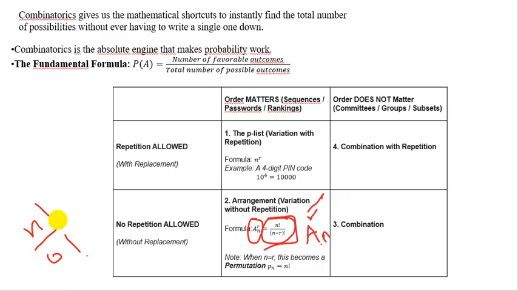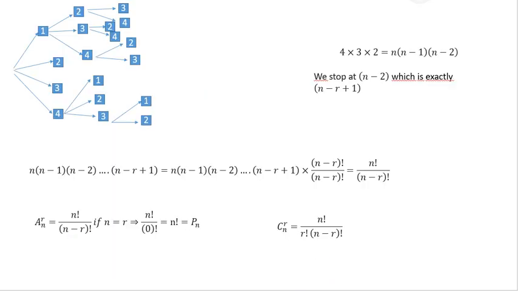We know that the 0 factorial is 1, so in the end we get what we call the permutation. So a special case of arrangement when n equals r is called permutation, and the notation is like this: Pn equals n factorial or r factorial, same thing, because n, we said, equals r, as explained here.